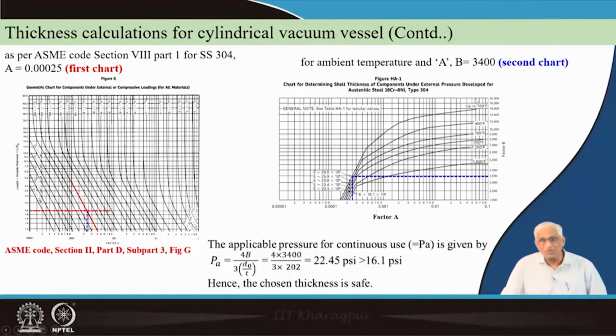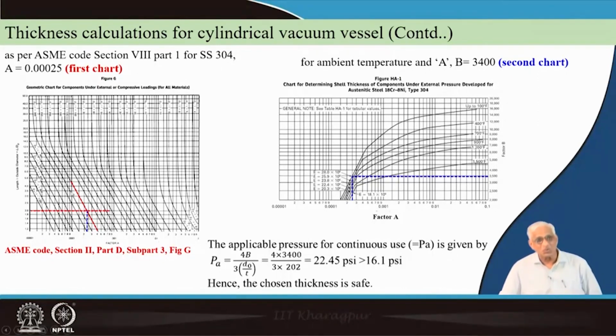So, you go to that room temperature curve of SS304 chart and go to that particular factor A, which you have calculated from geometry factors here. So, you have started from L by d, d naught by t. These are the two parameters which is very easy for you to finalize, and a guessed thickness from your experience.